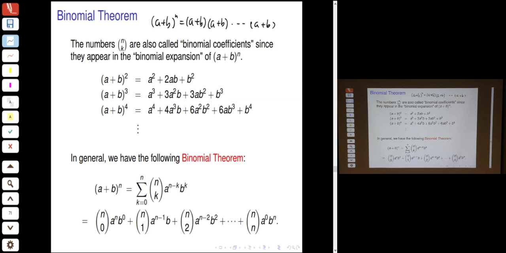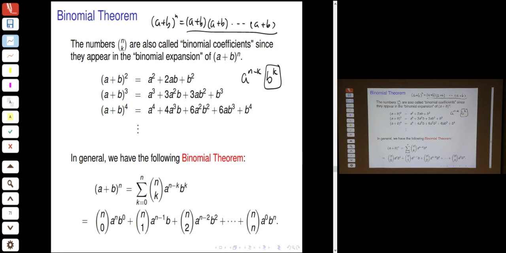Suppose I want my favorite term, a to some power and b to the k. How do I get b to the k?